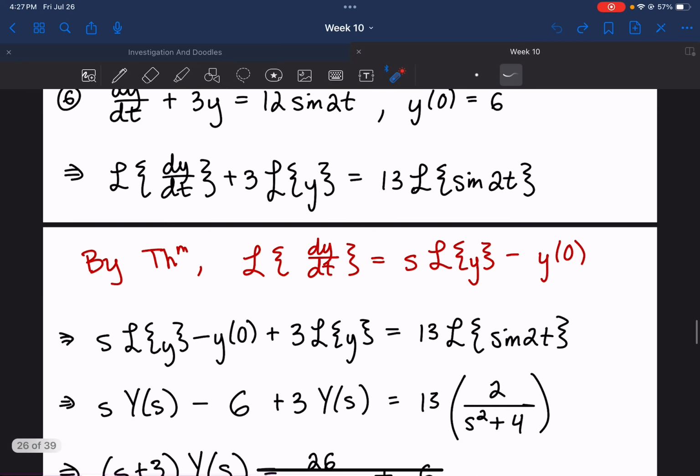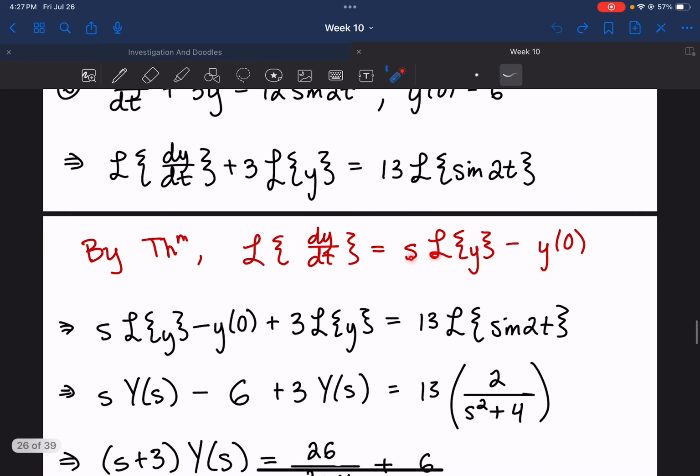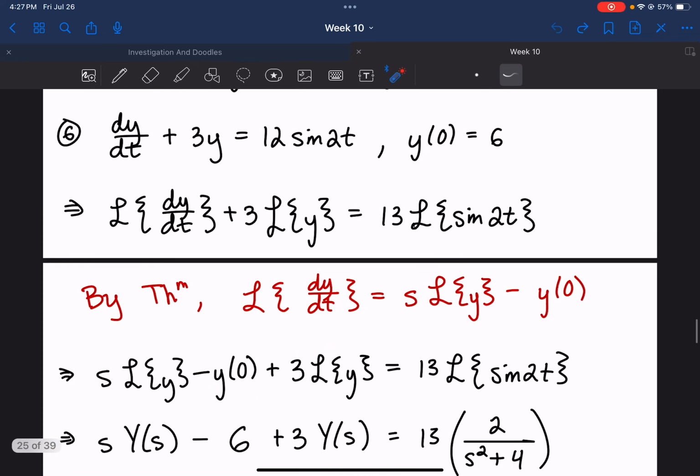So the Laplace transform of dy/dt is s times the Laplace transform of y minus y at 0. Right, so this is what goes here in the place of the Laplace transform of the derivative of y. Okay. We also know that y of 0 equals 6, right? They told us that. This is why the initial values are so important.